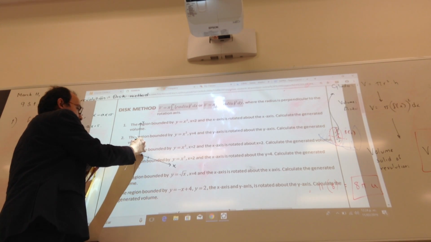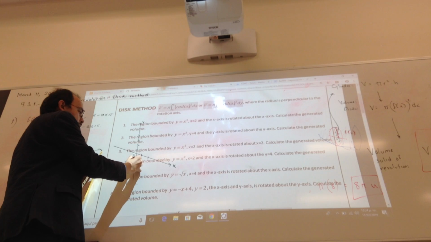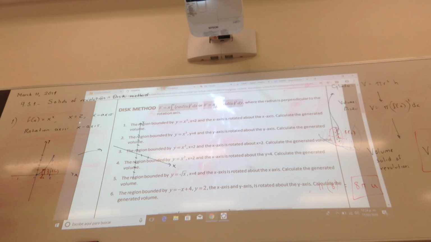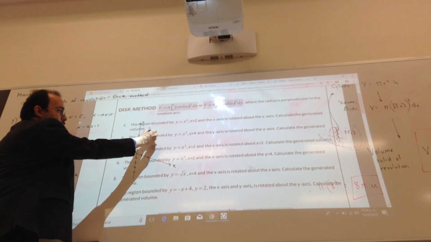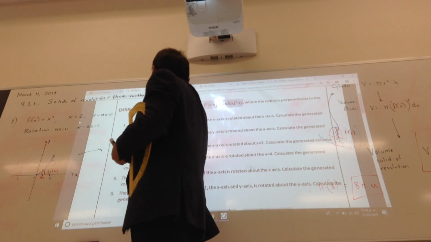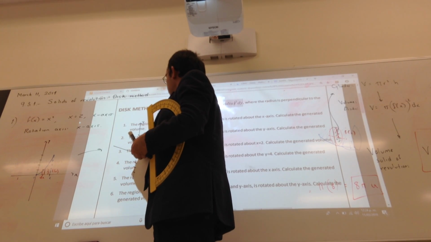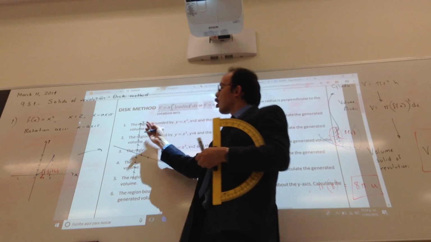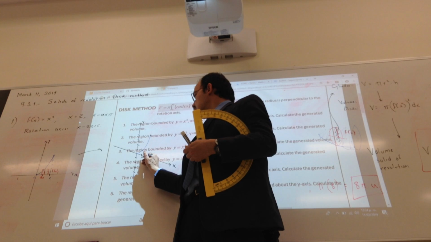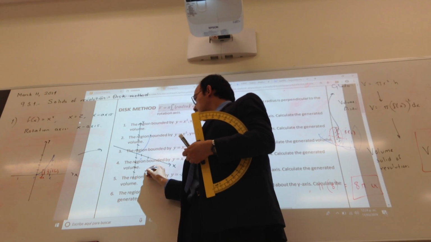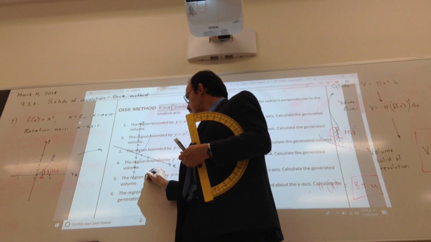So, for example, here (0, 0), (1, 1), (2, 4). That's the parabola. But since I want to rotate the parabola also in the other direction, (1, -1), (2, -4).